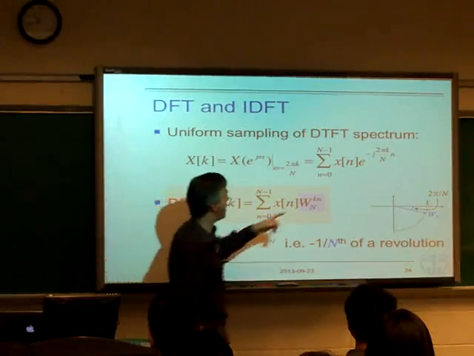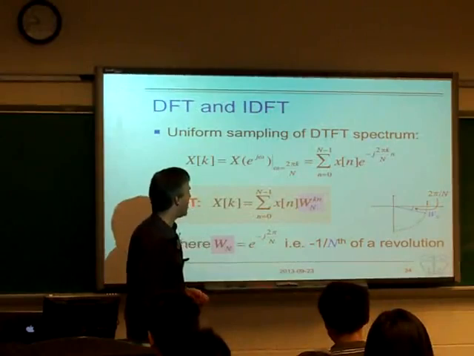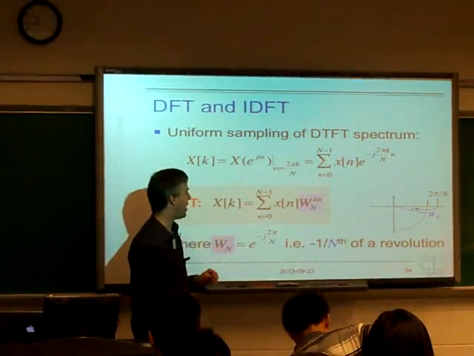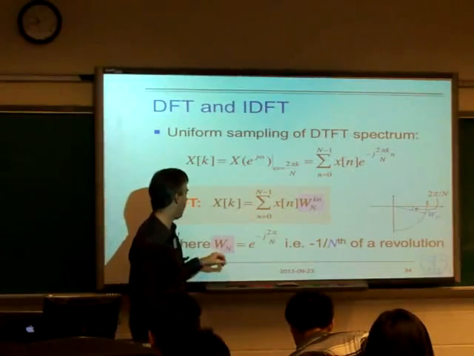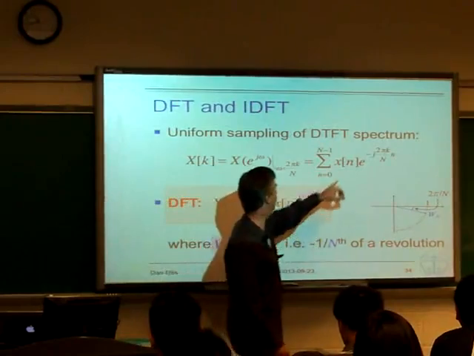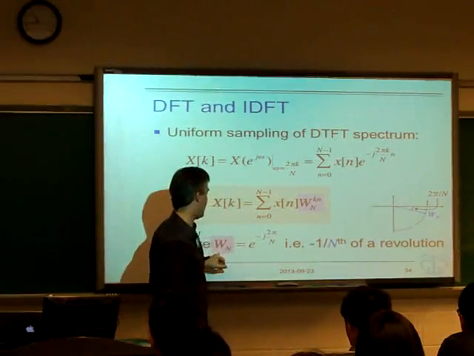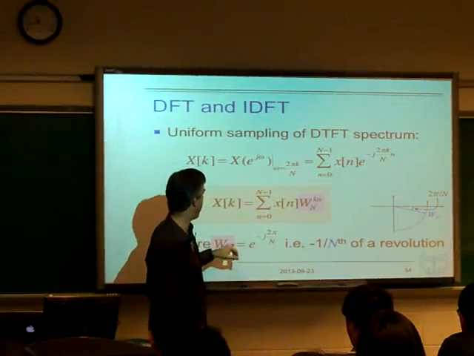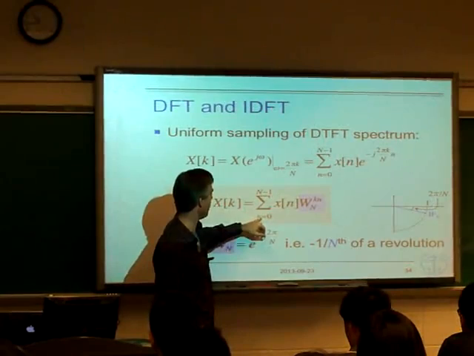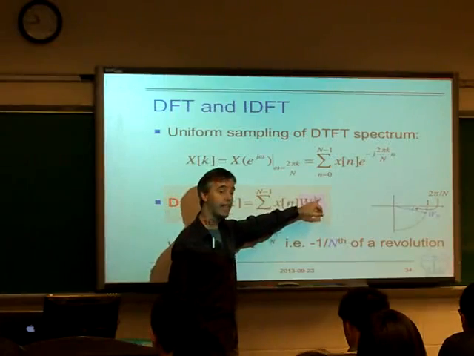This is a little clumsy because we've got a lot of numbers in there. So just to make the notation a little simpler, we can define big W sub N as this number here, right, this part. Slightly strange thing to define it as, but if we define it that way, then x of k is just the sum, n equals 0 to big N minus 1, x of n times W sub N to the kn.